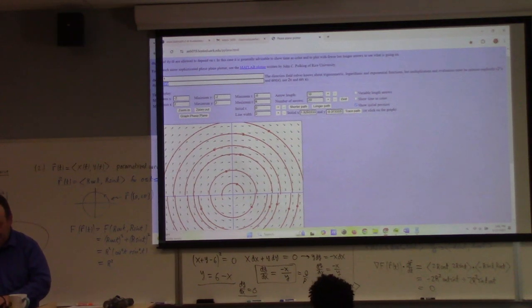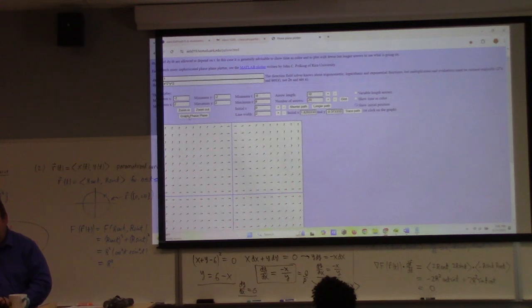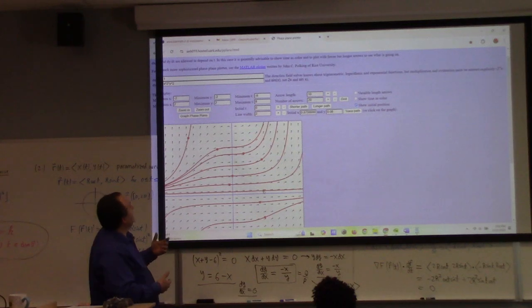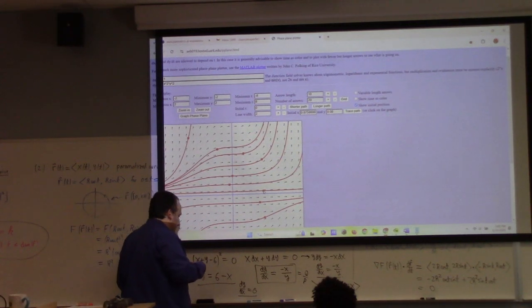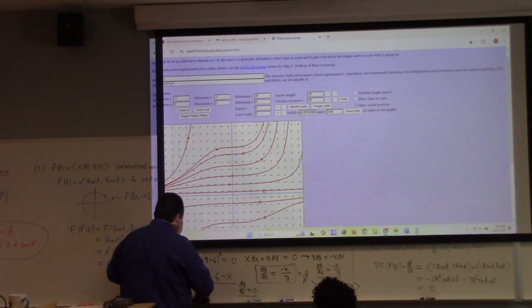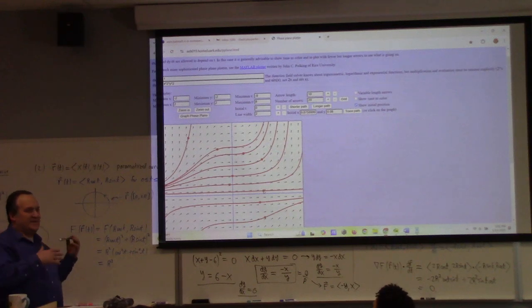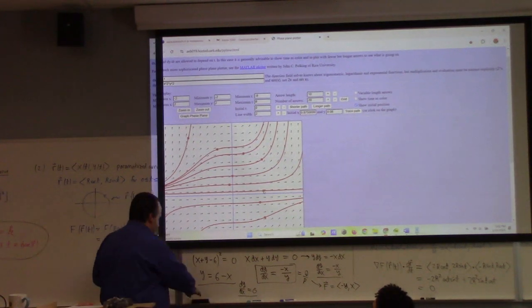Let's see if I can think of another one. What if we had x squared divided by y? Let me just do x squared times y squared. That might be interesting. So this is what the isocline field looks like for dy/dx equals x squared y squared. All I do is put dx/dt equal to 1. I'm looking at it as a kind of dumb system of differential equations.